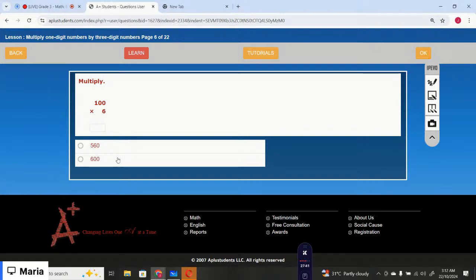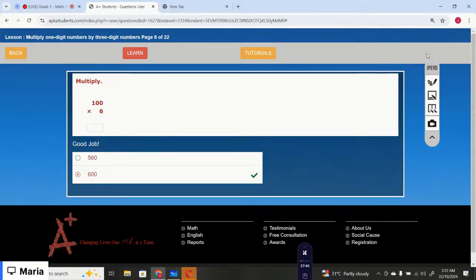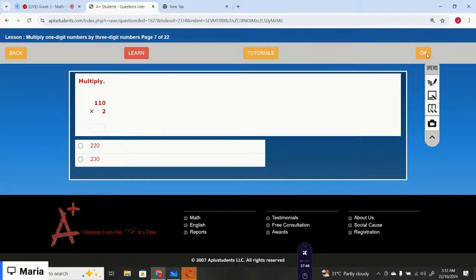Very good. That is 600. 100 times 6 is 600. 110 times 2, which is the correct option? That is 220. Option number 1 is the correct option.